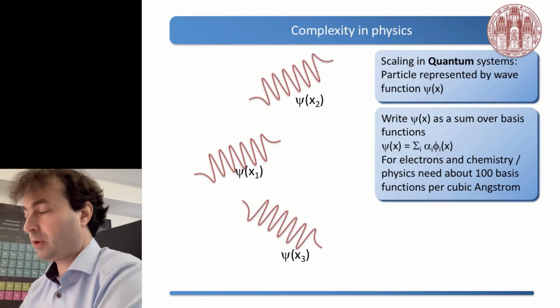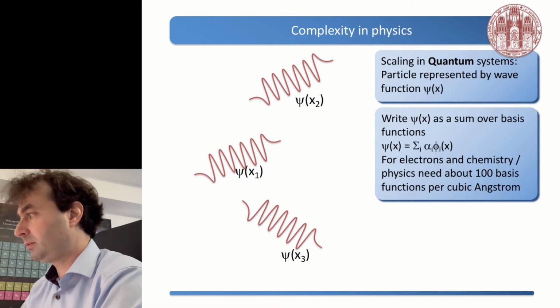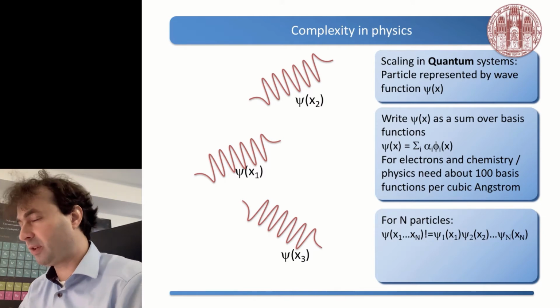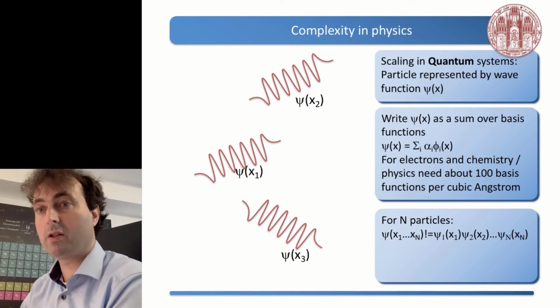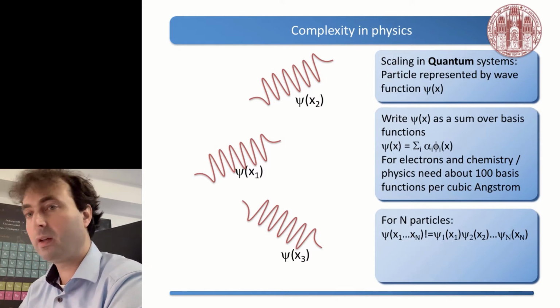With that we can of course describe not only one particle but many particles. If we have many particles, then the wave function of the many-particle system is not just a product state of the wave functions of each particle.